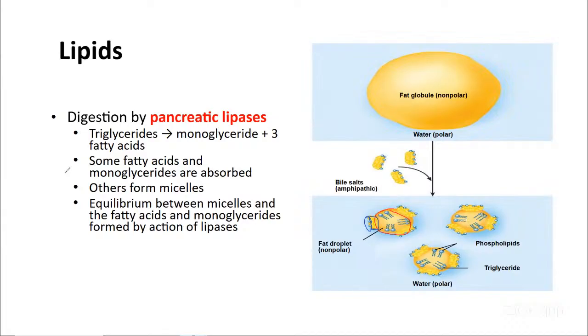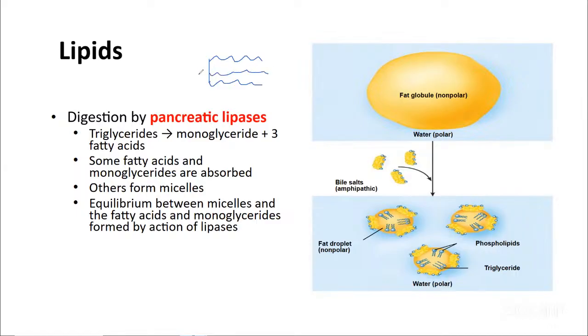So once we're thinking about that chemical digestion process actually breaking down our triglyceride, that's the job of the pancreatic lipase. So we turned our fat globule into smaller fat droplets using bile salts from the liver. Now we're going to actually break up our triglyceride. So it's going to break into its separate pieces. So basically, we're trying to take this triglyceride and peel off those fatty acid chains, right?